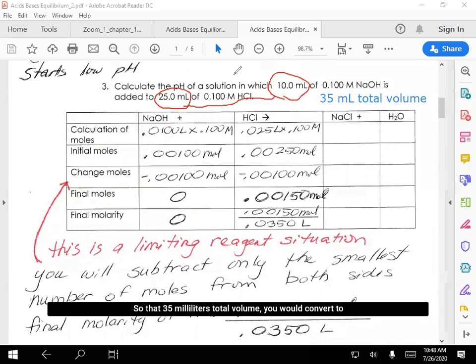So that 35 milliliters total volume, you would convert to liters. You would put that as your volume, and then you would use the moles of acid over the total volume, and that's how you would get the molarity.